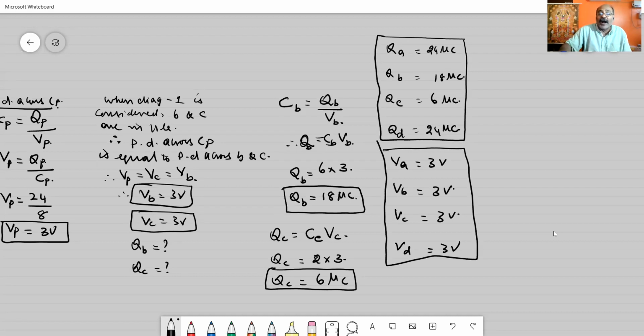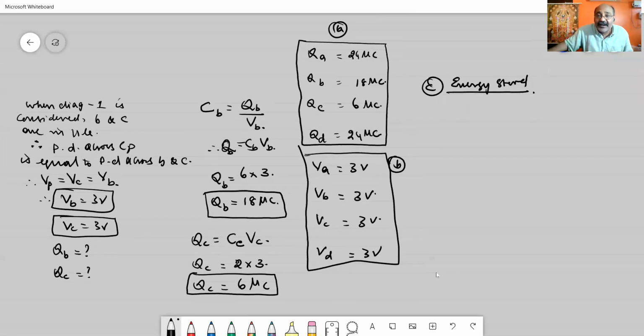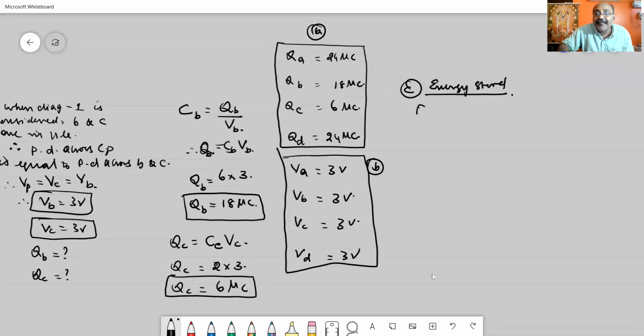Now what do you have to calculate next? The energy stored. This is A, this is B, what is C? Energy stored in each and every capacitor is asked. What is energy stored? Energy for A: the general formula is half into CV square. So you can write half CA VA square.